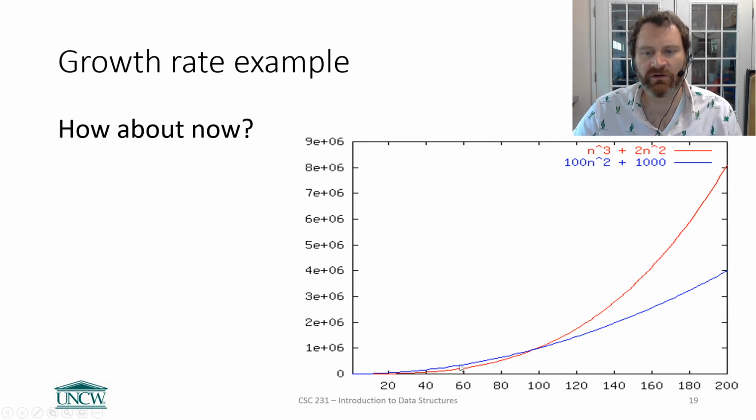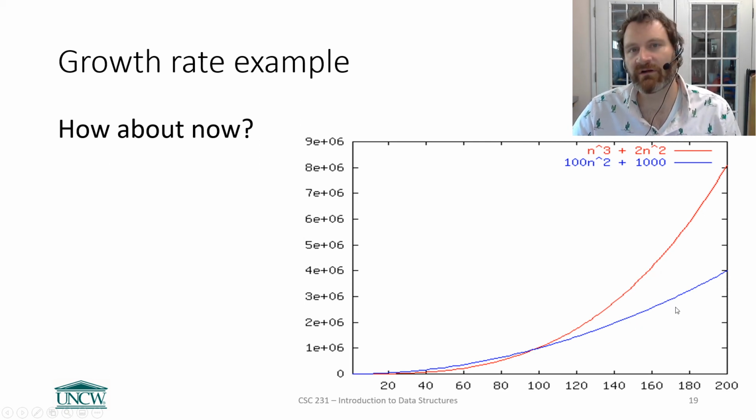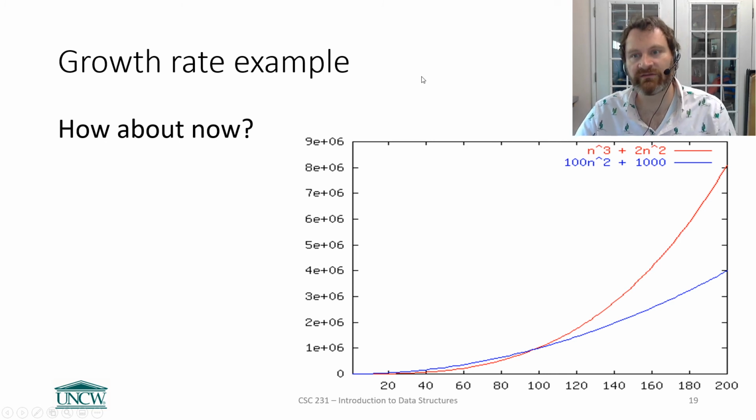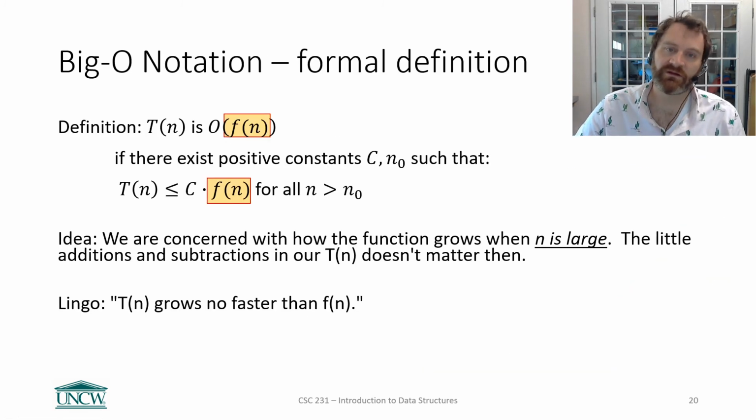How fast are you growing? Because the blue line starts in the lead, but then it very quickly becomes dominated by the red line here. And in fact, the blue line, which is order n squared, will never, ever, ever catch up to the red line, which is order n cubed, simply because n cubed algorithms grow faster than n squared algorithms.